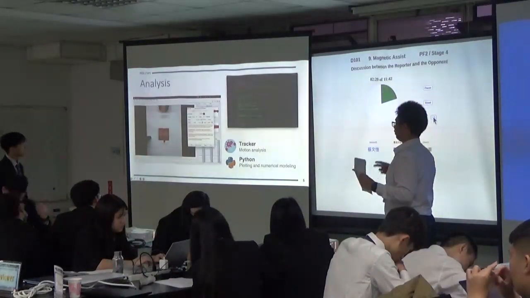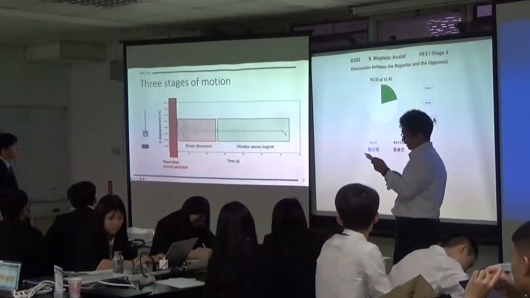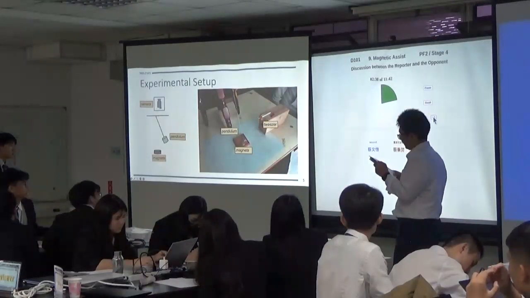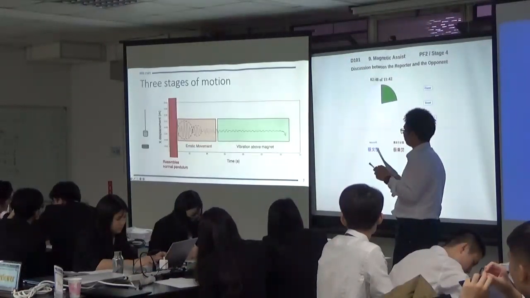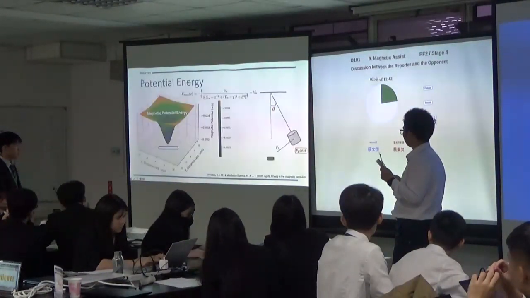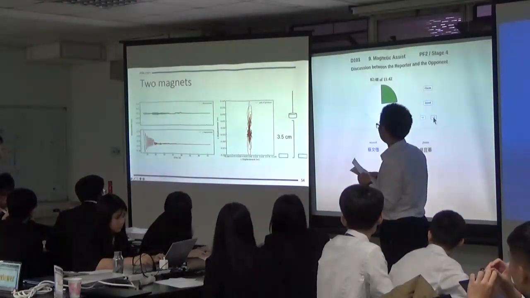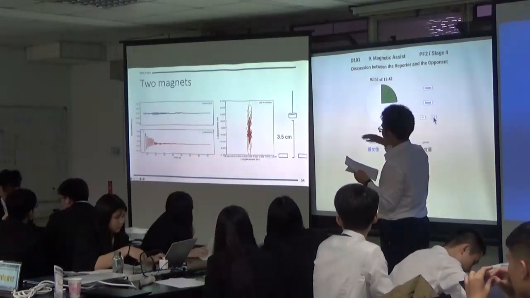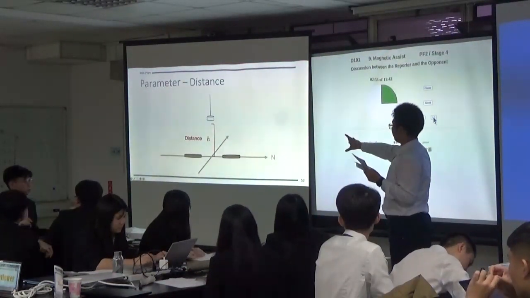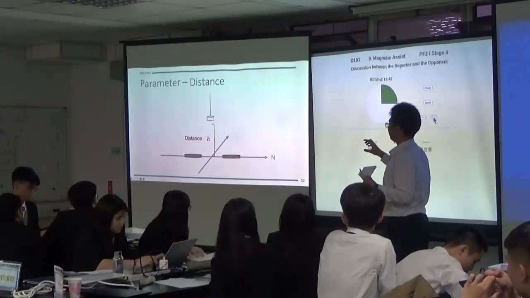So that's about the setup. I want to talk about the two magnet setup. So it's around page 54. Okay, so you mentioned the distance, the edge. You change the edge. Yes.